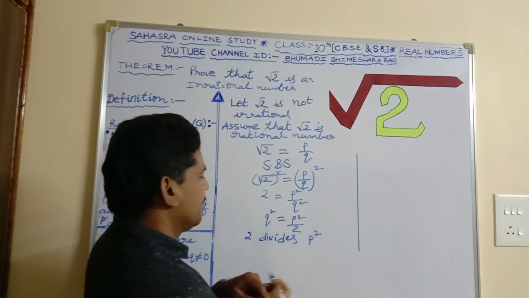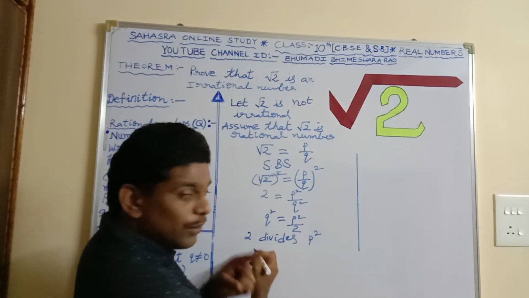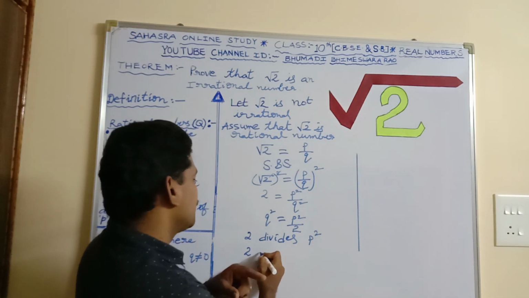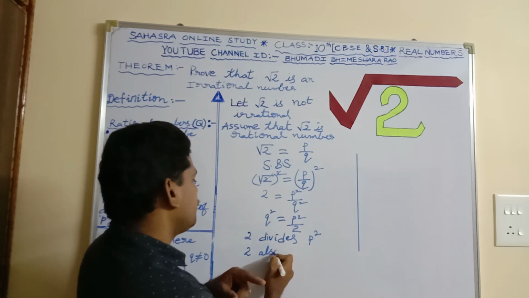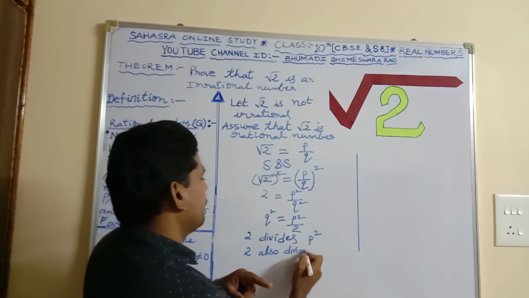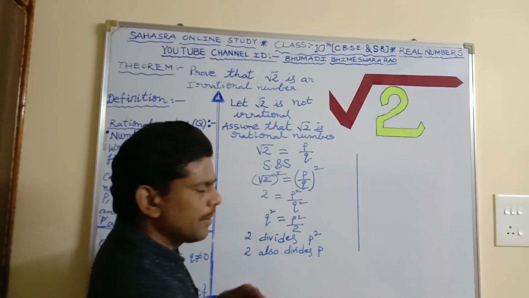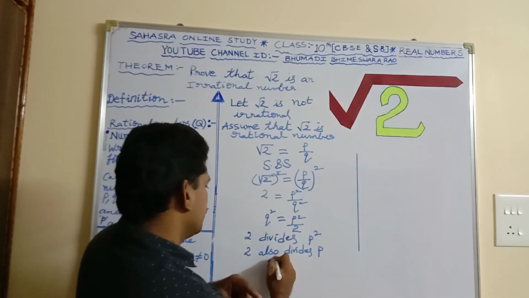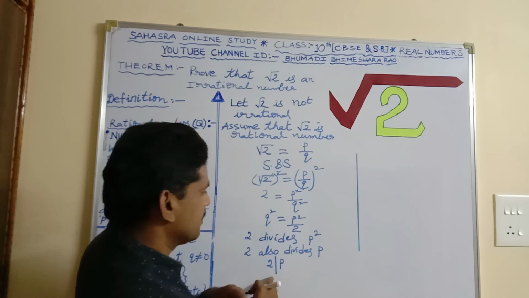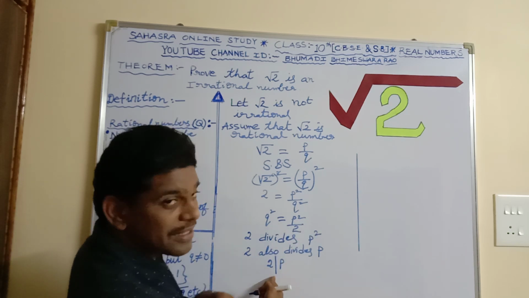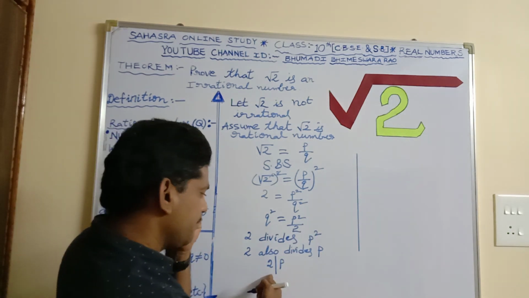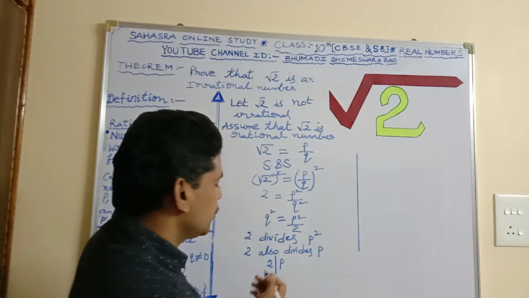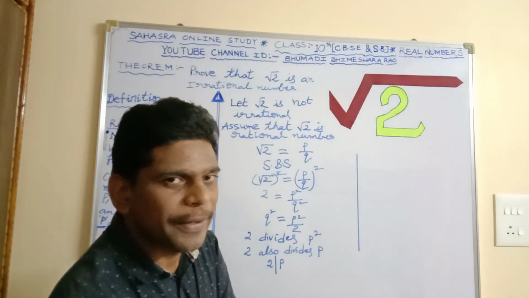If 2 divides p square, 2 also divides p. This is the symbol for divides; this is divided by. If 2 divides p, it means 2 is a factor of p.